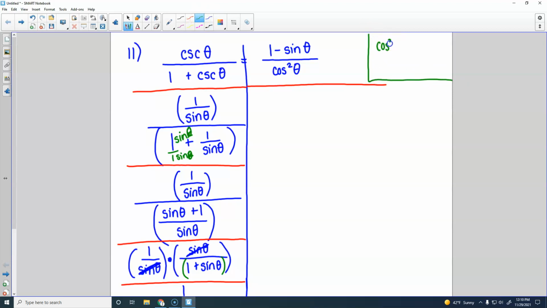Cosine squared of theta always equals 1 minus sine squared theta, so that would change everything to where I only have sines that I'm dealing with. So 1 minus sine theta stays the same on top. I'm going to change the denominator to 1 minus sine squared theta.